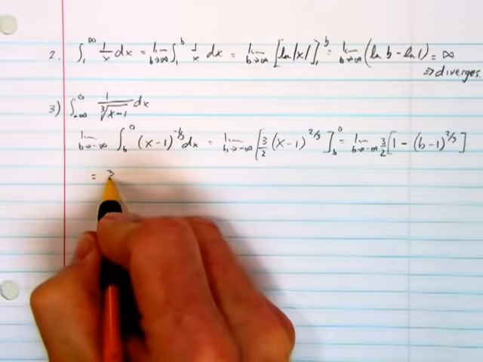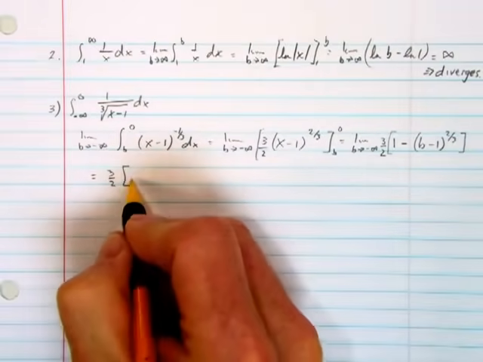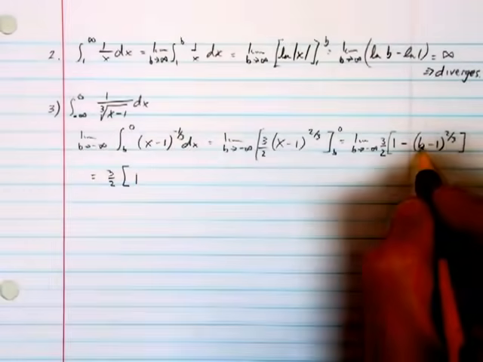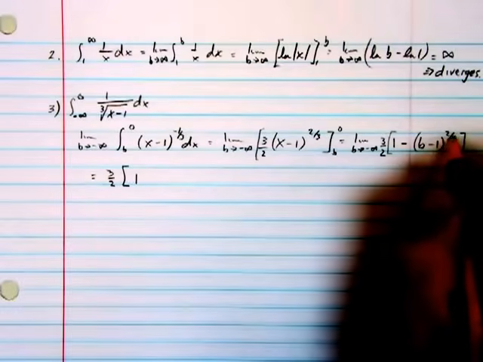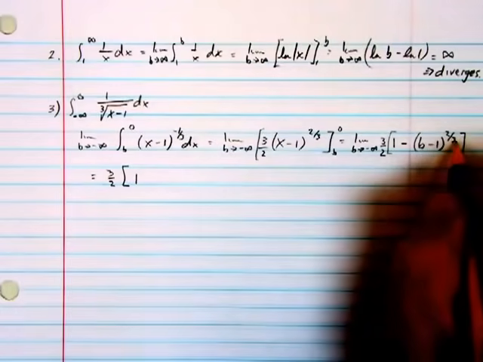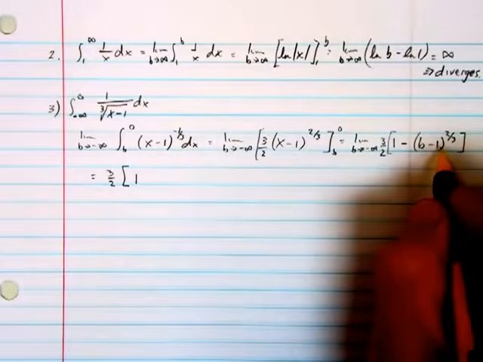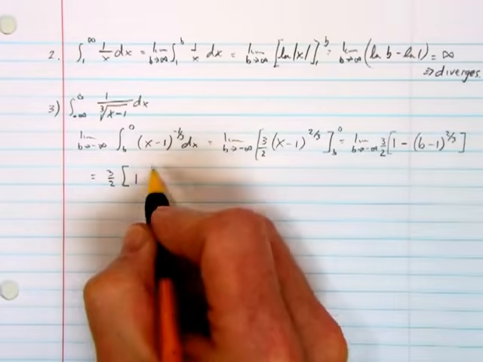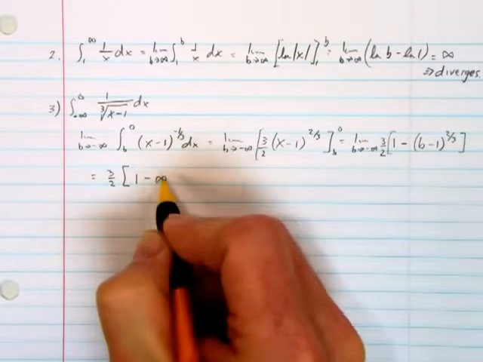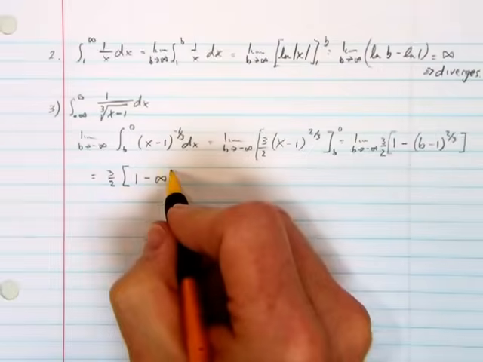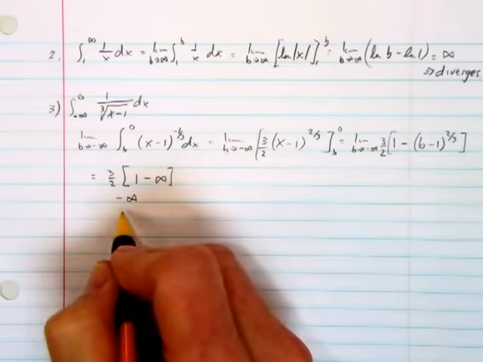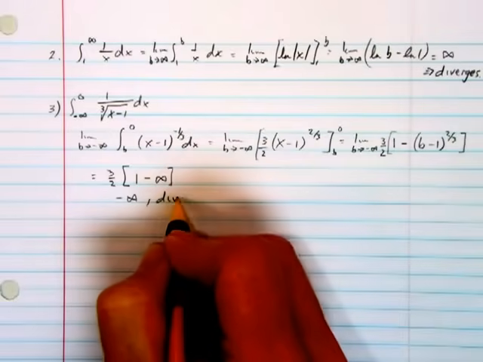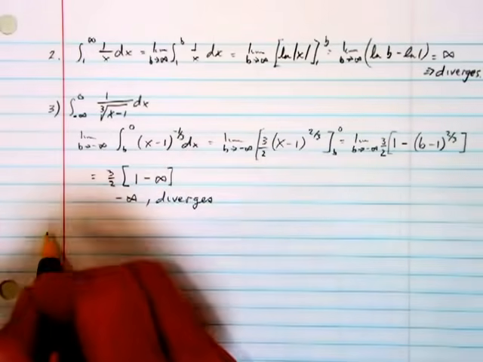So now what do we have here? We'll have 3/2 times 1 minus b minus 1 squared and then cube root. I should say b is going to negative infinity. Since we're squaring that, it's going to make it positive infinity. And we got negative infinity, so that's going to be negative infinity as our answer, and this diverges.